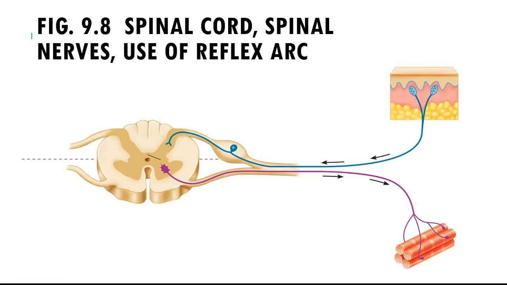You may recall in a reflex arc, there first has to be some specific stimulus. And so the stimulus is going to activate a specific what? Receptor. Where is the receptor located in this image? In the skin, the little blue things in the skin are the receptors.